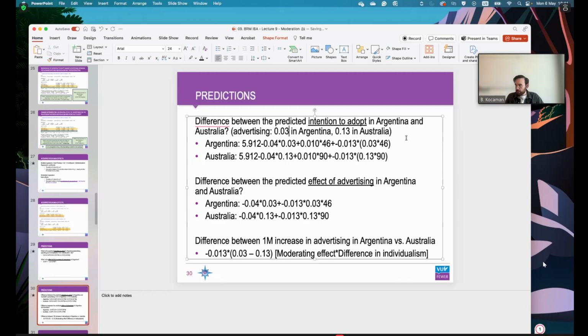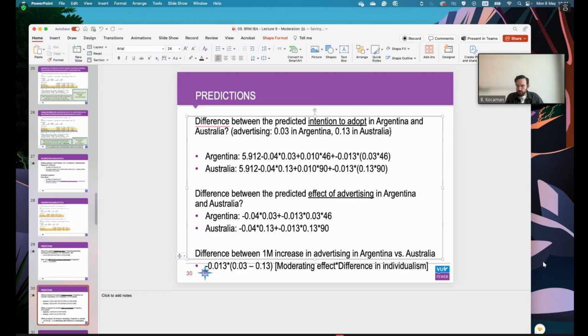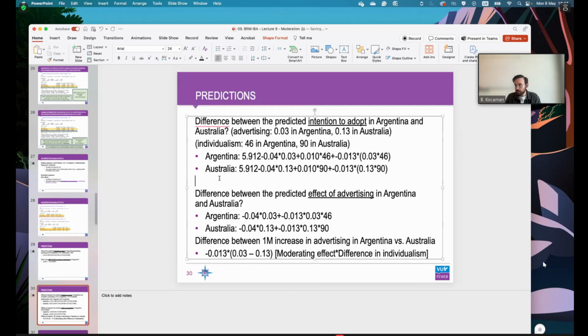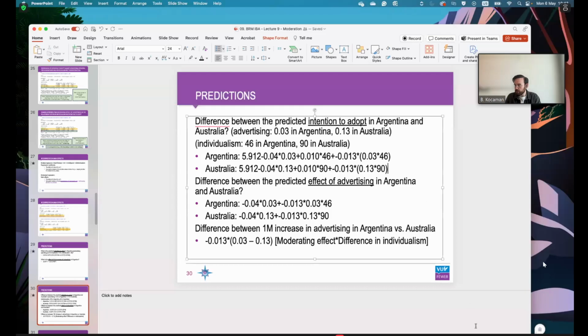And then you also know that individualism is 46 in Argentina. Of course, when you have the data, for instance, in R, this is something that you can easily check. But for the slides, I think more description is needed. And I will, again, upload this after the lecture.